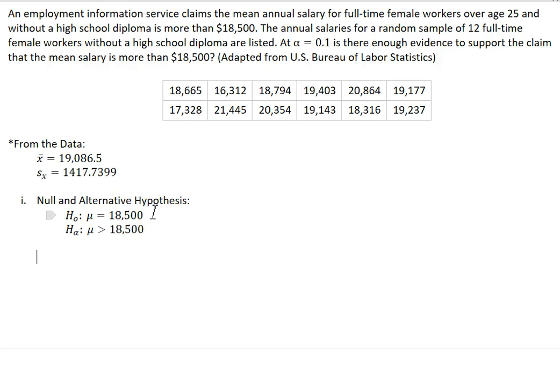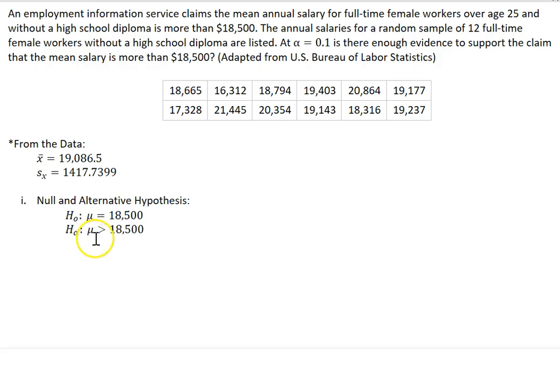So I need to use the t-distribution, the student's t-distribution. We do that when we have a small sample and we know nothing about the population standard deviation, okay. From my alternative hypothesis, I'm looking for things that are more than 18,500.